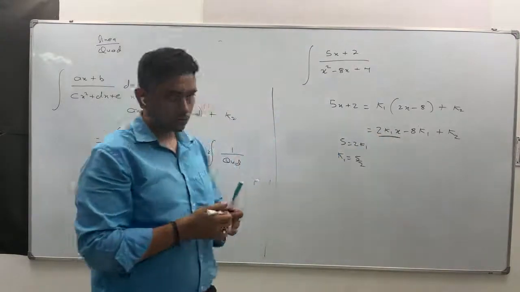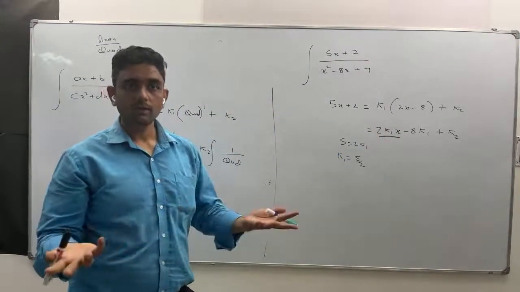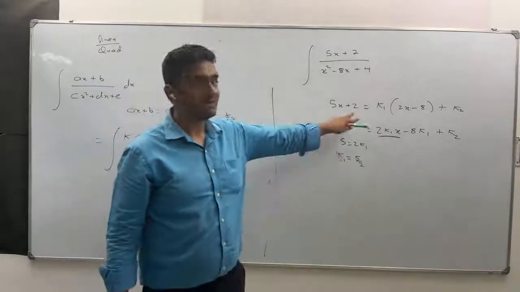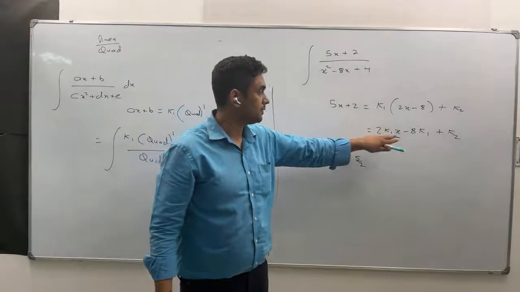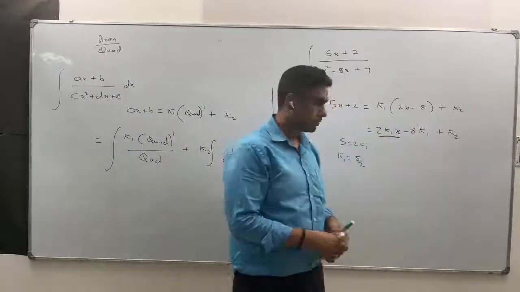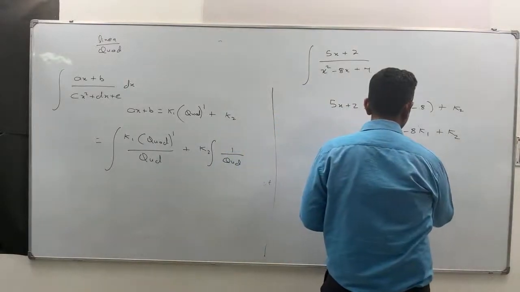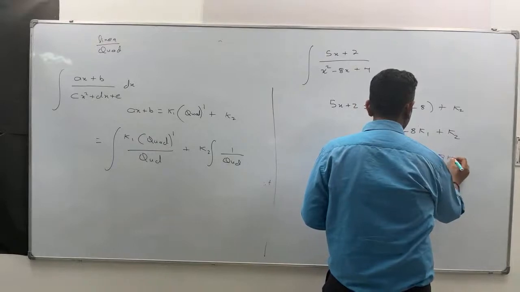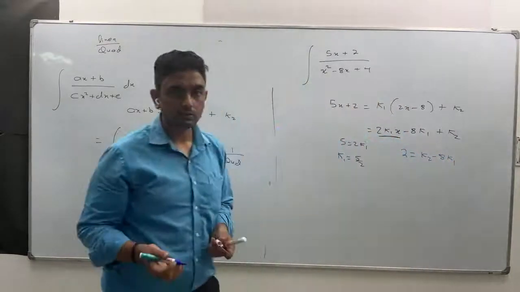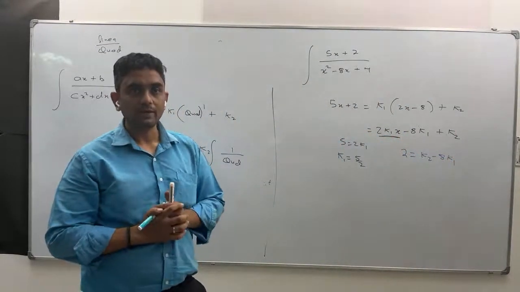How will you find out k2? Second part, the constant is 2. 2 should be equal to this entire thing. So we'll get 2 equal to k2 minus 8k1. Now, do we know k1? 5 by 2. So what will be k2?